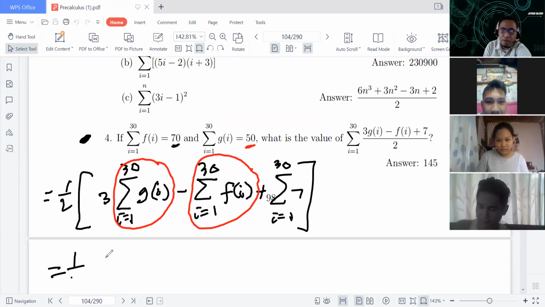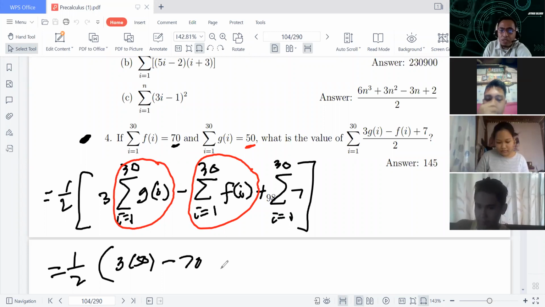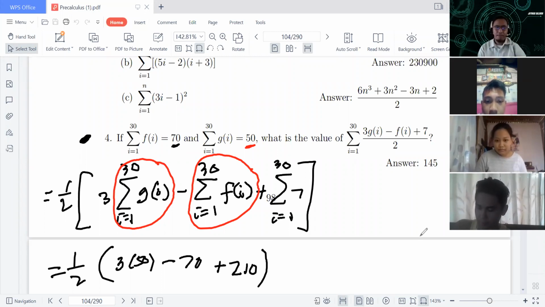It is just 1/2 times 3 times what? 50. So 150, minus 70, plus 210. So what is the answer?